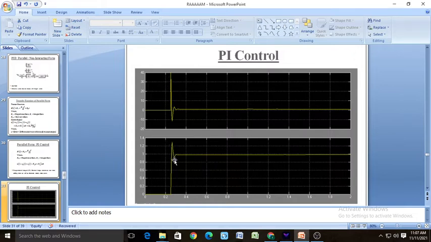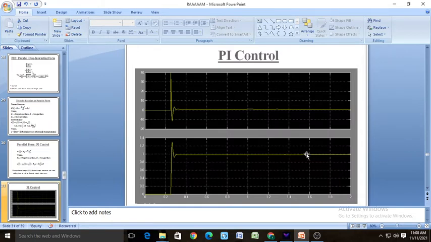The controller output is fixed at a specific value, but depending on the error, as it moves upward and downward, if the error is positive or negative, then the integral term increases or decreases. The integral term increases for a positive error and decreases for a negative error. This is the error signal, and this is the output of the PI controller.